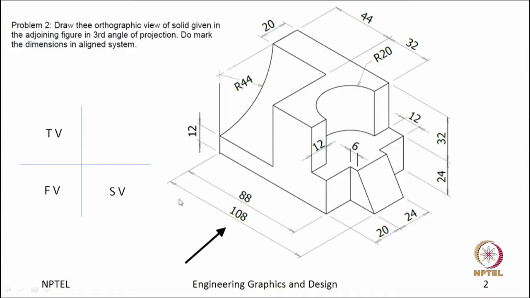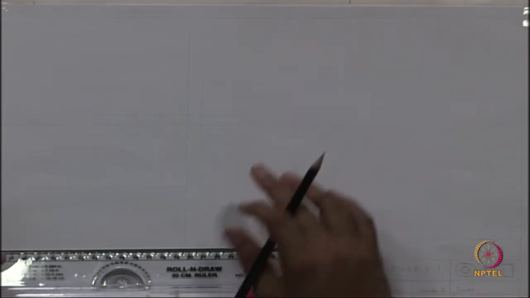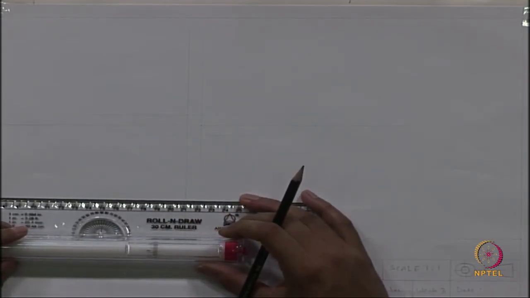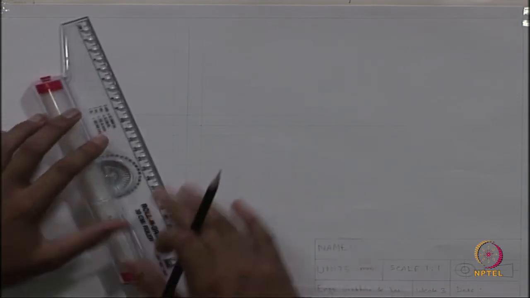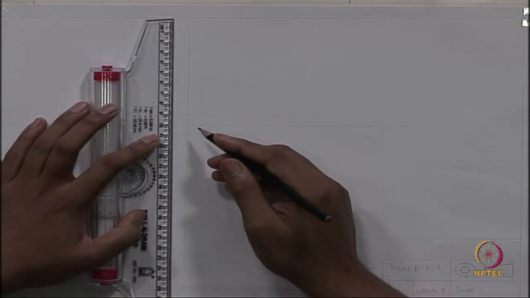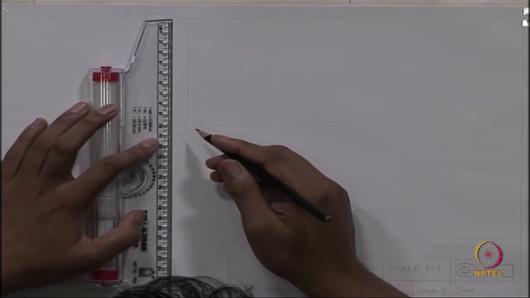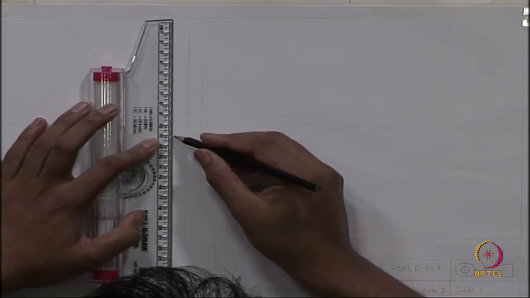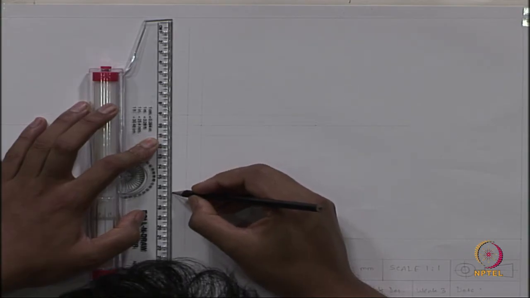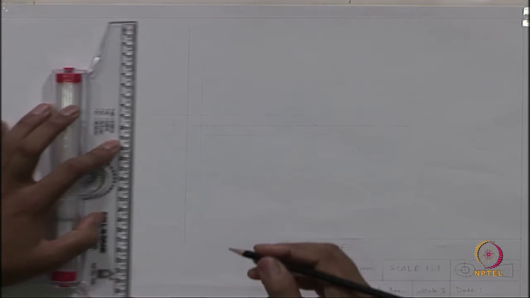We needed a space of 108 length and the height is 56. So, 108 by 56 a space is needed. So, height wise 56 we will find here and check.